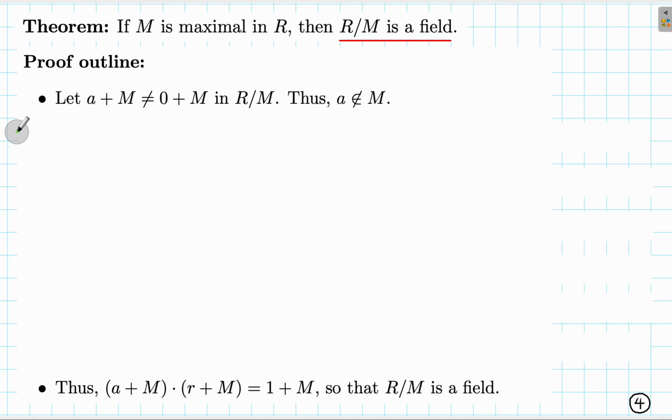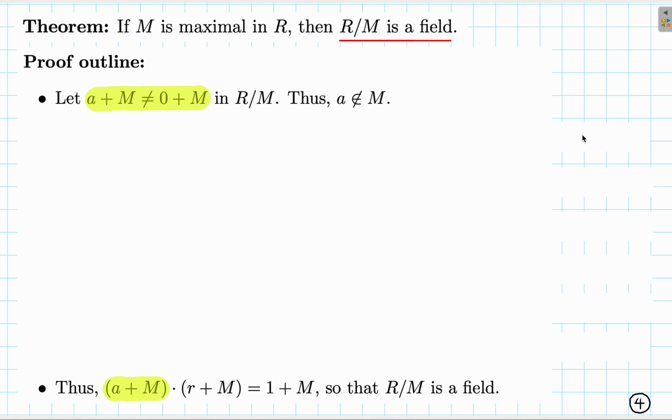And to do that, we consider a non-zero element A plus M of the quotient ring R mod M. And thus, A is not an element of the ideal M, which we'll use later in the proof. Now, in the very last step, we will show that this non-zero element A plus M has a multiplicative inverse, which shows that the quotient ring R mod M is a field.